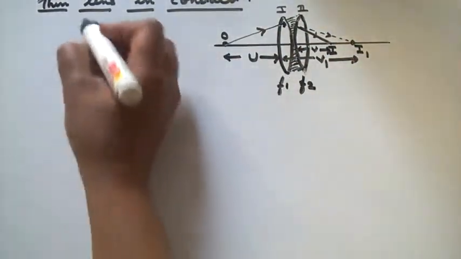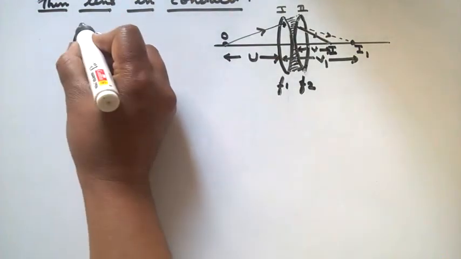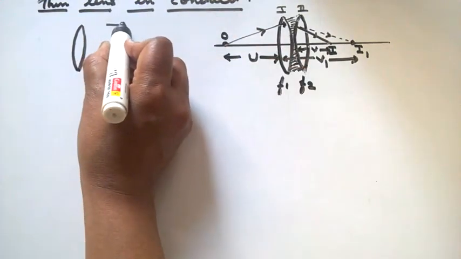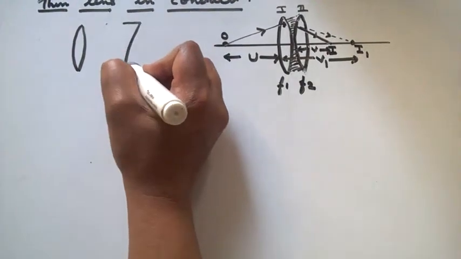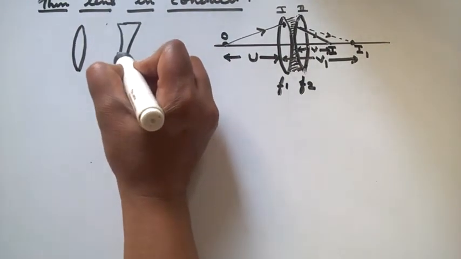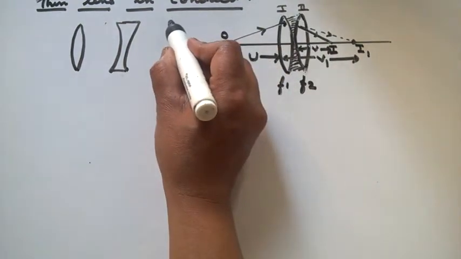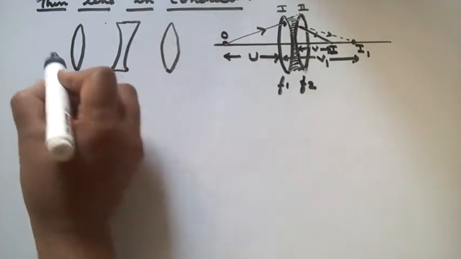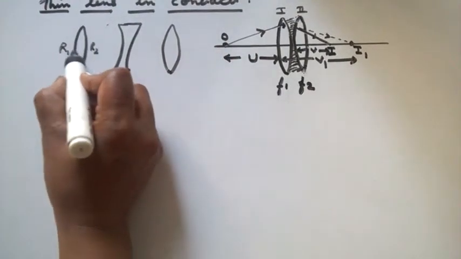Then we have three lenses, that is, the first convex lens, the part in which liquid is filled behaves like a concave lens, and the second lens will become the third lens, that is a convex lens, having radius of curvature r1, r2 for the first lens.